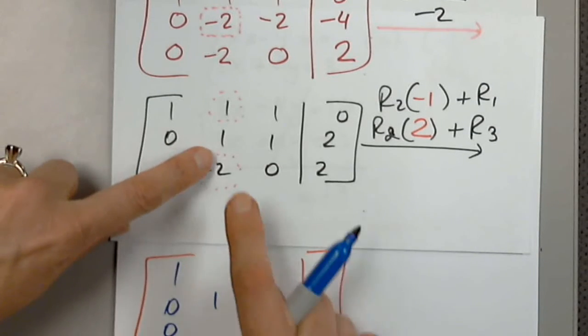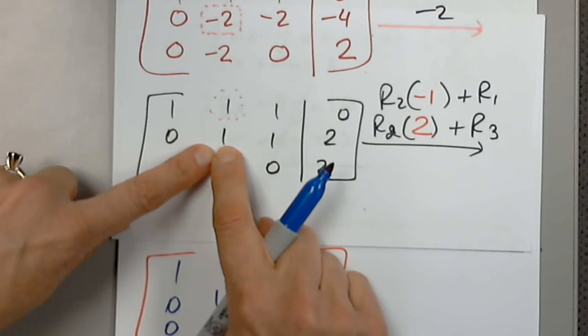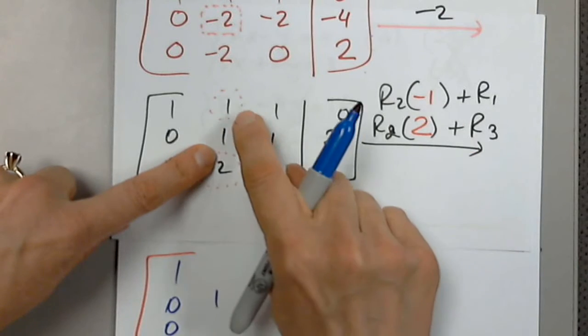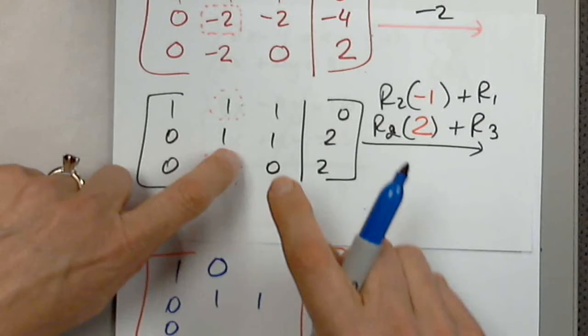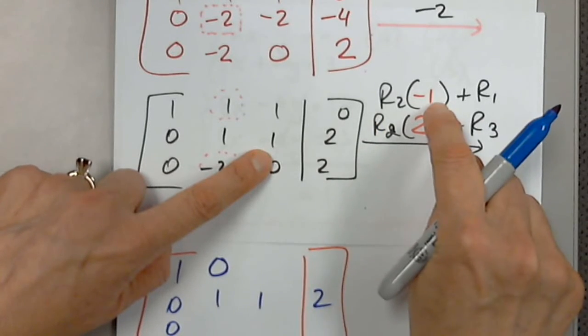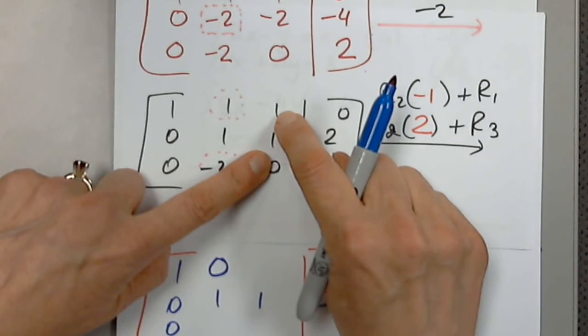Let's do it together. 1 times -1 plus 1. Awesome. 1 times -1 plus 1.